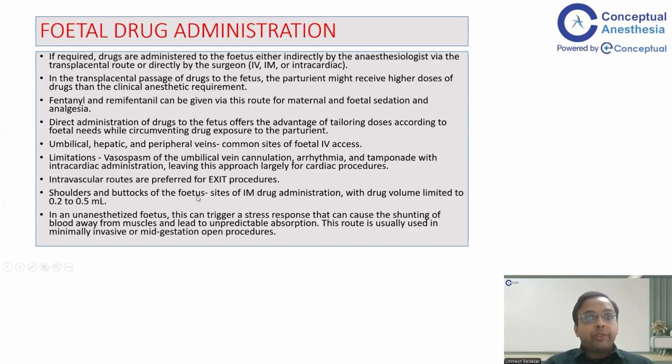The shoulders and buttocks of the fetus are the sites of IM drug administration, with drug volume limited to 0.2 to 0.5 ml. In an unanesthetized fetus, this can trigger a stress response that can cause shunting of blood away from the muscles and lead to unpredictable absorption. This route is usually used in minimally invasive or mid-gestation open procedures as well.